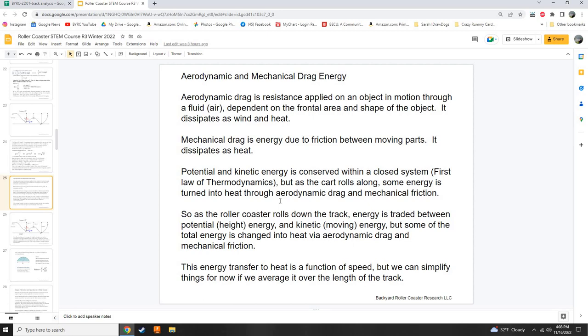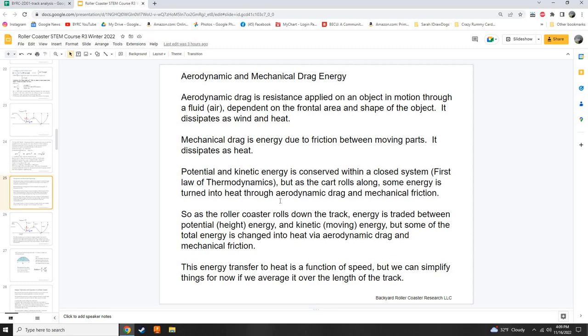Energy transfer is a function of speed. The faster you go, the more drag, because the aerodynamic drag is actually a function of the speed. So when the speed gets pretty high, the aerodynamic drag goes up much faster in a nonlinear fashion.